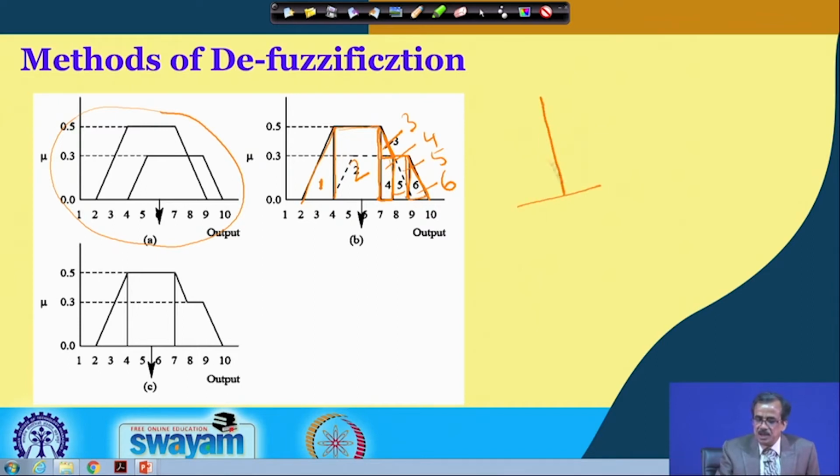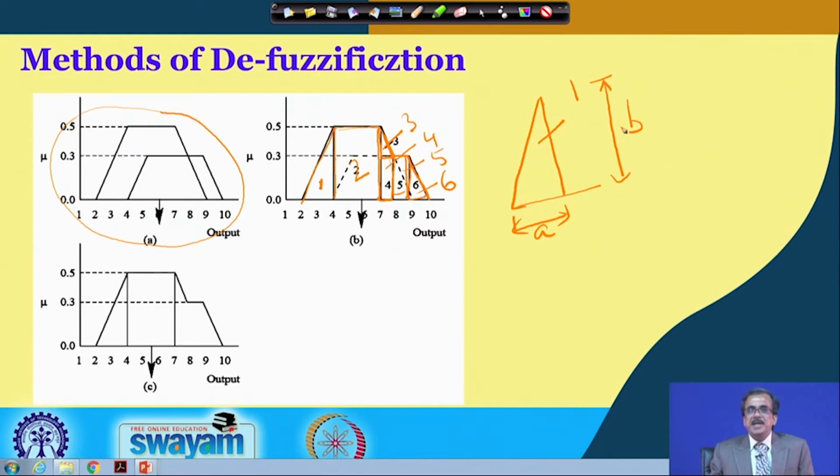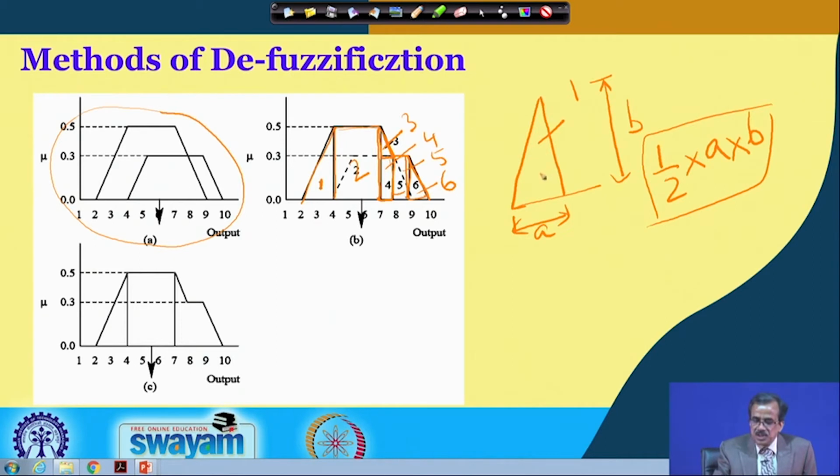If I consider this particular triangle, denoted by 1, very easily I can find out the area. If I know this particular dimension, say A, and this particular dimension, say B, then the area is nothing but half into A into B. So, this is the area for this particular triangle, and the center of this particular area can be determined very easily.